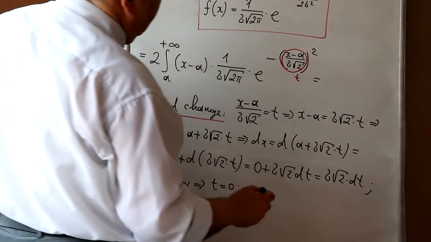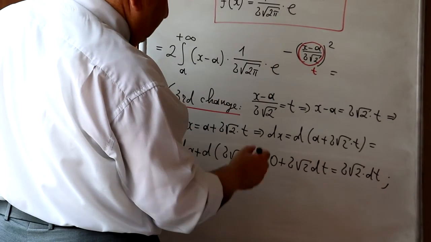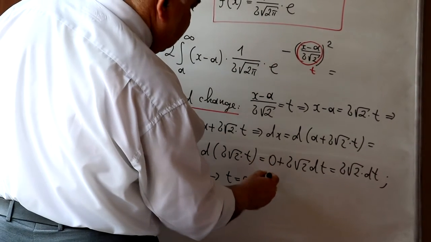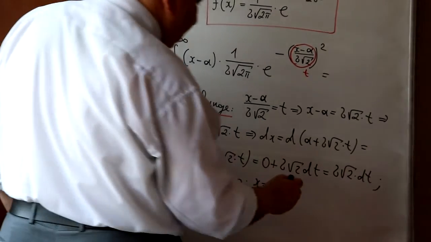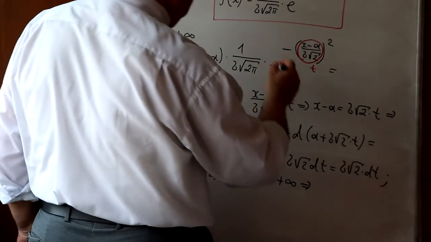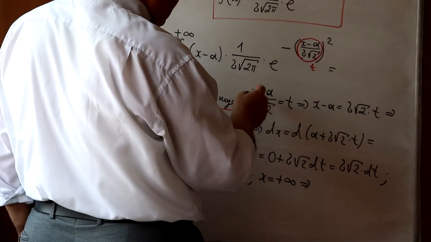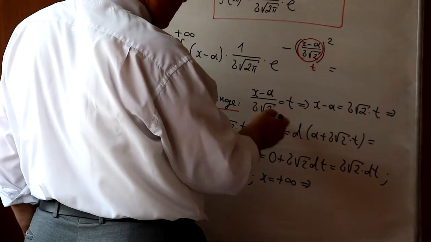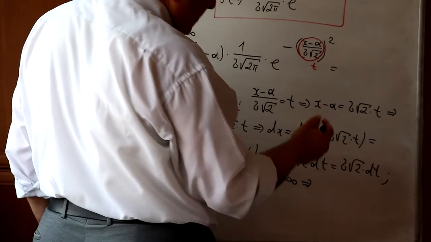And if x is plus infinity, then substitute plus infinity instead of x, then we will have plus infinity minus a is plus infinity divided by a positive value is also plus infinity.